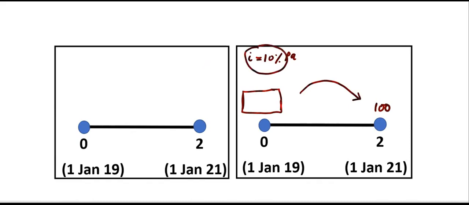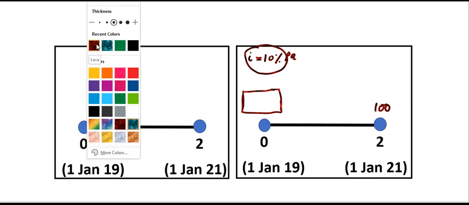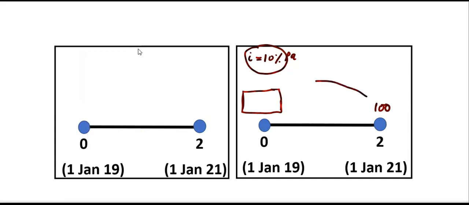So we are not finding the future value, we are finding the present value here, because you are interested to know how much he must have invested on 1 January 2019 with i at 10%, so that you are expecting 100 after 2 years. Here there is no d, i is given. So we'll not worry about d.